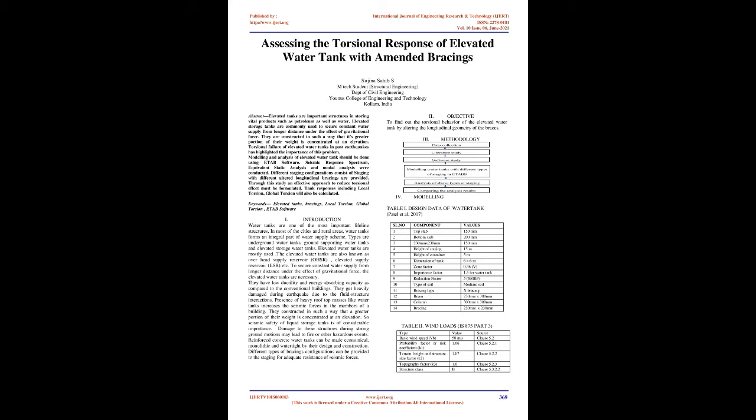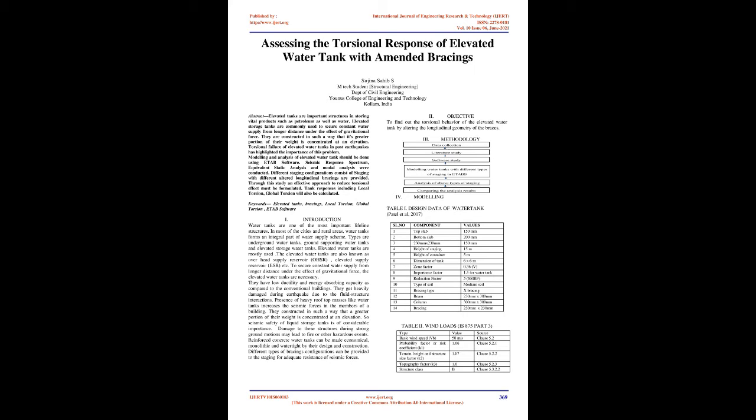5, SMRF, medium soil, X bracing, 230 mm x 300 mm, 300 mm x 300 mm, 230 mm x 230 mm. Table 2: Wind loads, IS 875 Part 3. Type: basic wind speed Vb, probability factor or risk coefficient K1, terrain, height and structure size factor K2, topography factor K3, structure class.